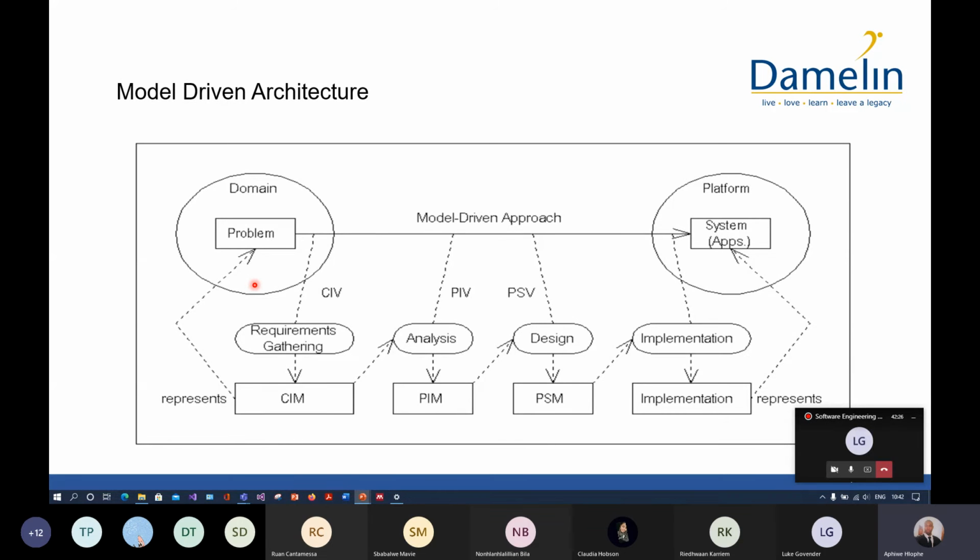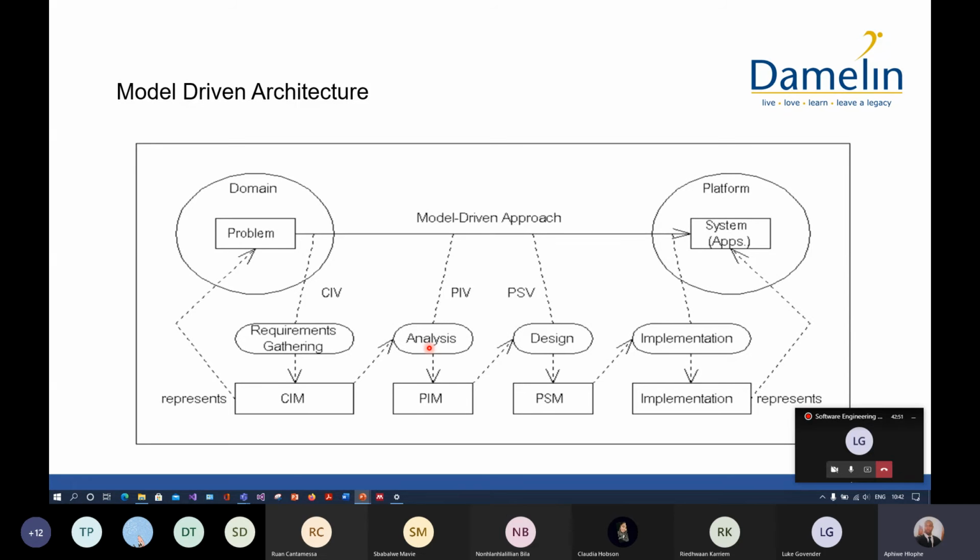If we go a layer higher during the analysis phase, we now do a platform independent model where we take these requirements that we gathered here, and we draw these use case diagrams, system sequence diagrams, state machine diagrams, and so forth.